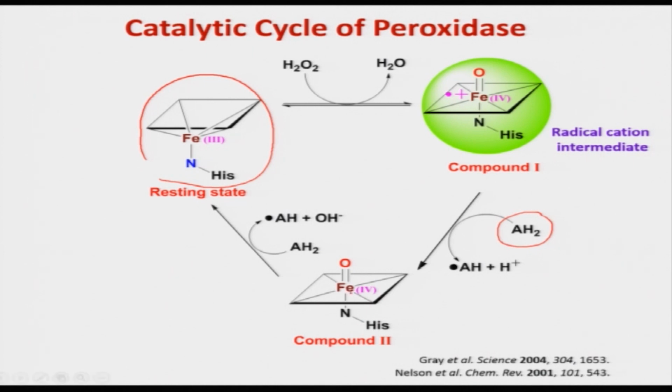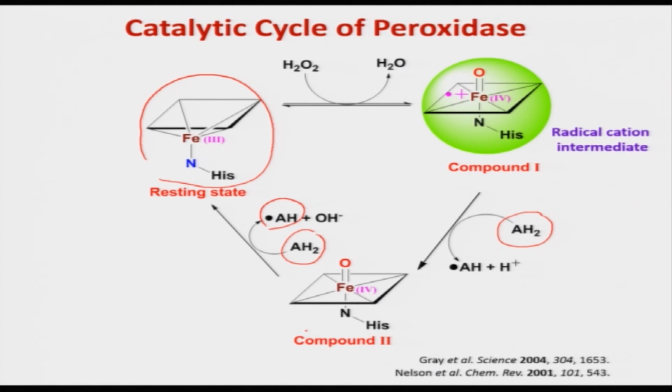Now, this reactive iron 4 oxo takes another molecule of substrate AH2, converts it to another AH radical, and goes back to the iron 3 heme at the resting state. This molecule is again oxidized by hydrogen peroxide to form compound 1, compound 1 converts to compound 2, and compound 2 goes back to the resting state.